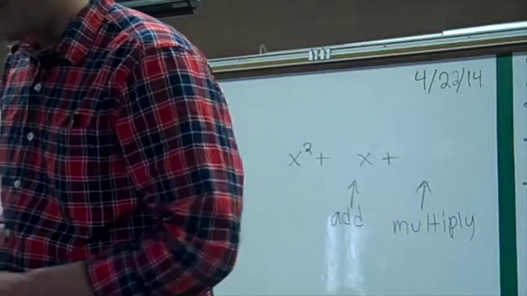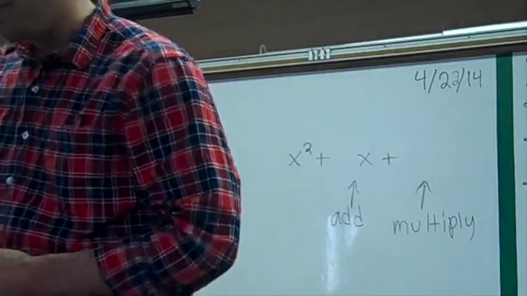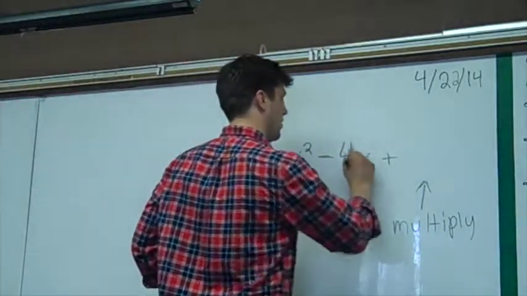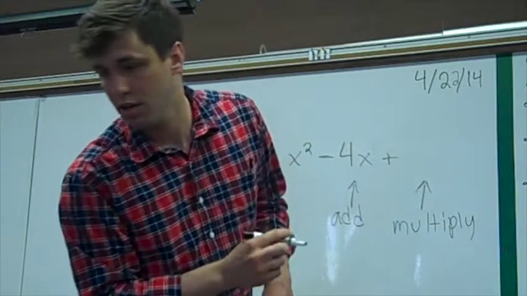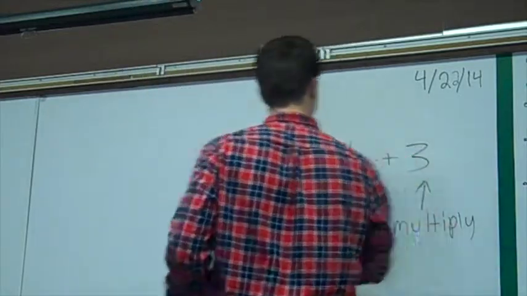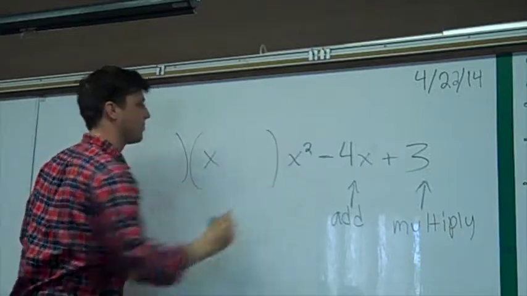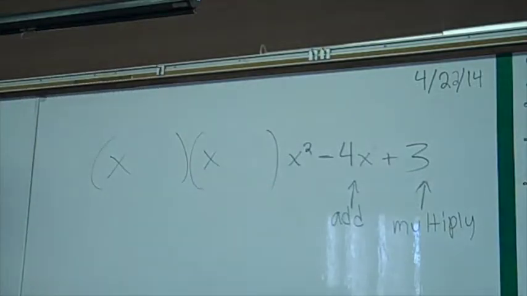Let's go down to example letter C. Positive 3. What multiplies to positive 3 and adds to -4?